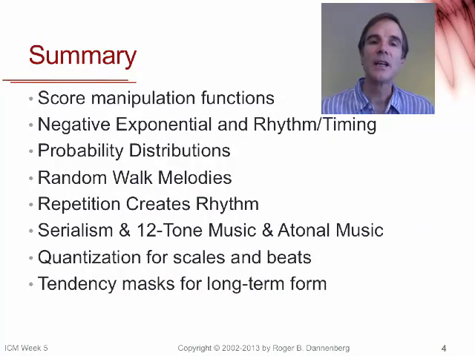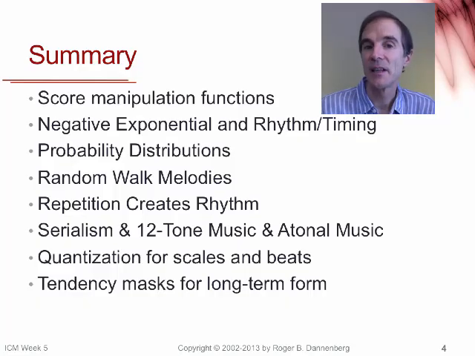So we've looked at a lot of aspects of algorithmic composition. We've talked about score manipulation functions, some techniques like negative exponential and rhythm and timing. We've looked at probability distributions, random walk melodies, the idea that repetition of patterns can create recognizable rhythms even if they're very random.